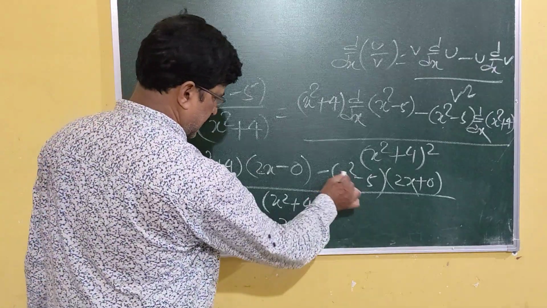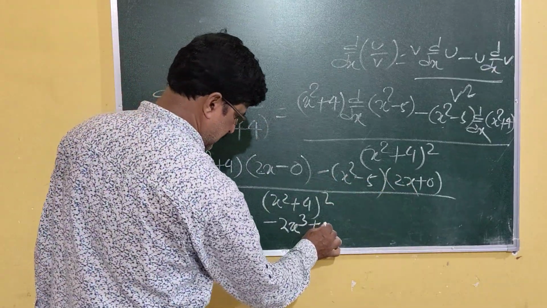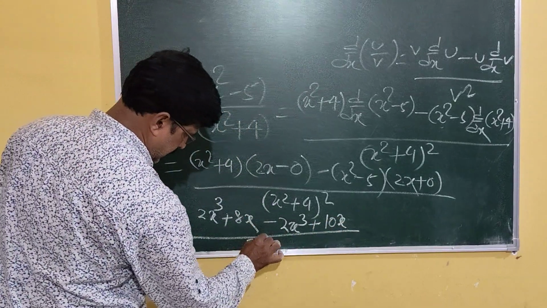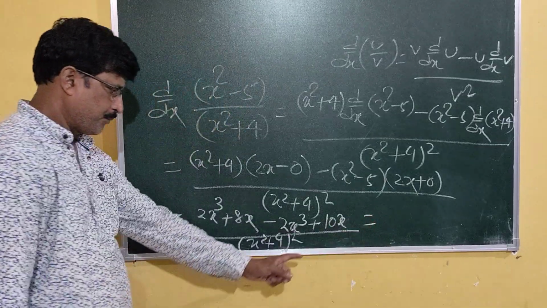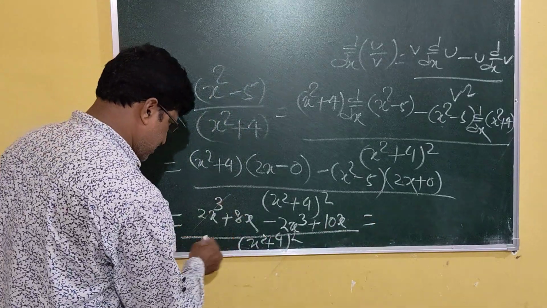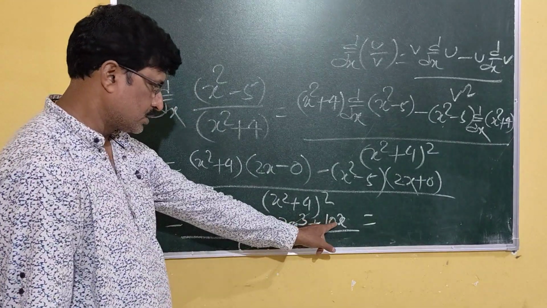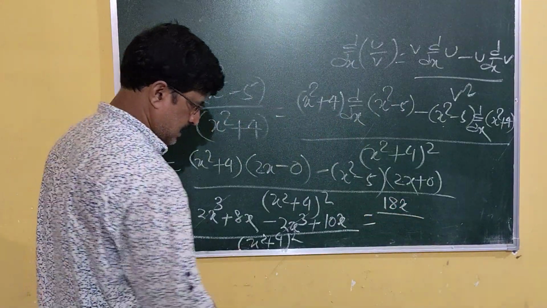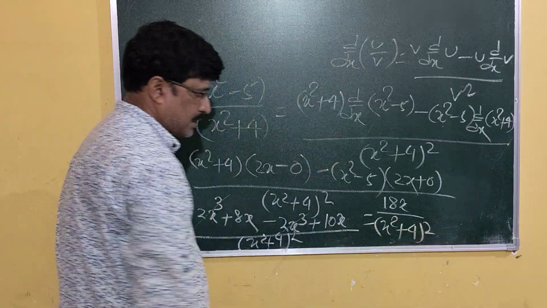Minus minus plus 5 into 2x, that is 10x, by x square plus 4 whole square. Now the 2x cube cancels out. So the remaining is 8x plus 10x, that is 18x by x square plus 4 whole square.